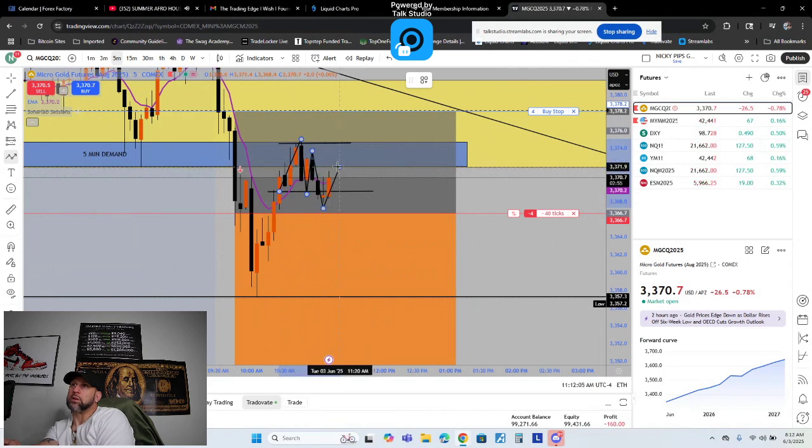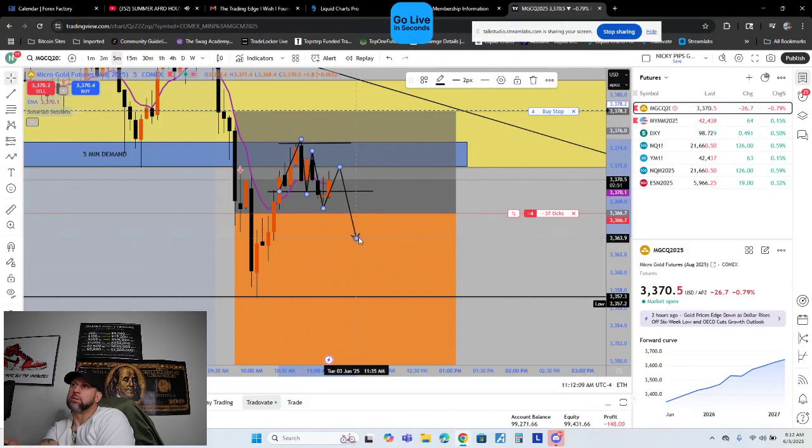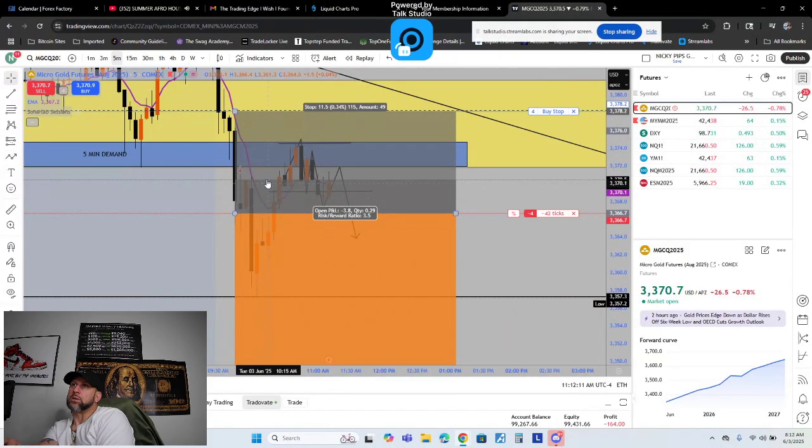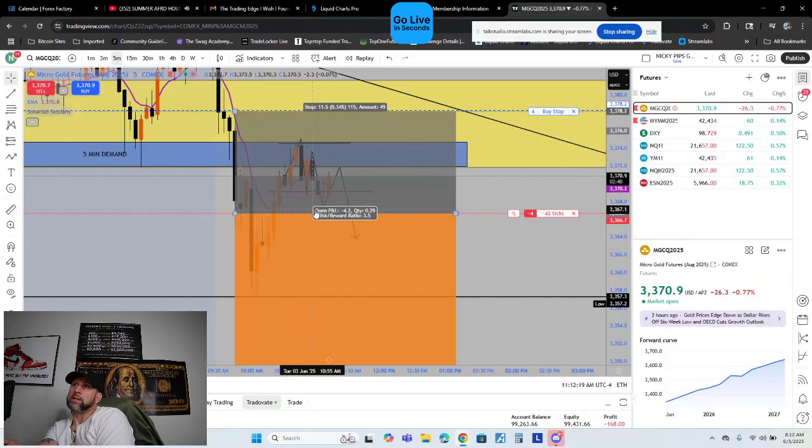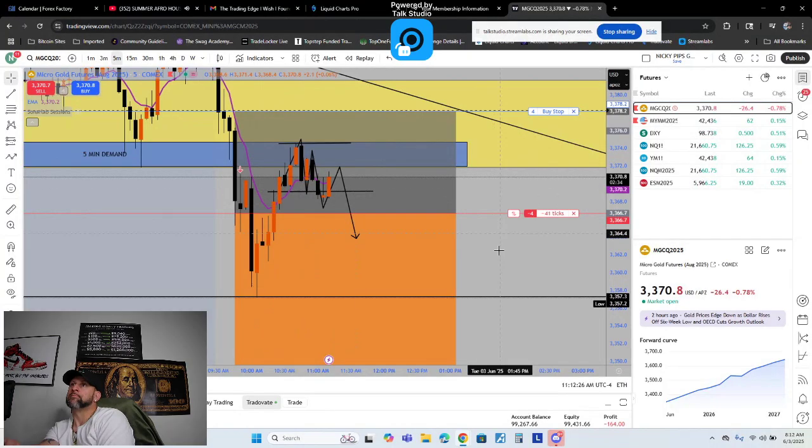So they can tap into here and come down here. Because it made a higher high, a higher low, a lower high, a lower low, lower high, and a lower low. So that's what we're looking for.